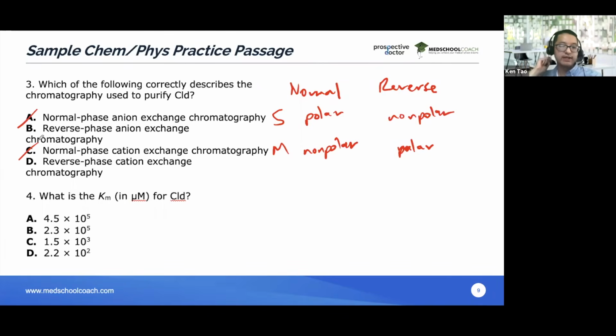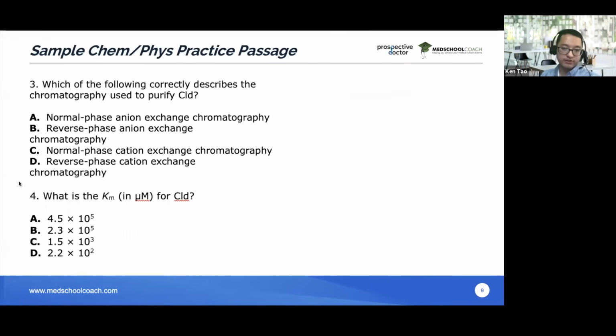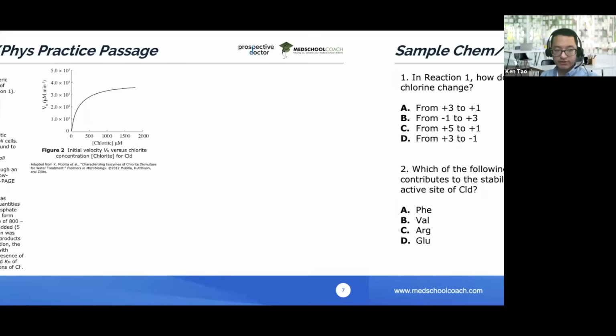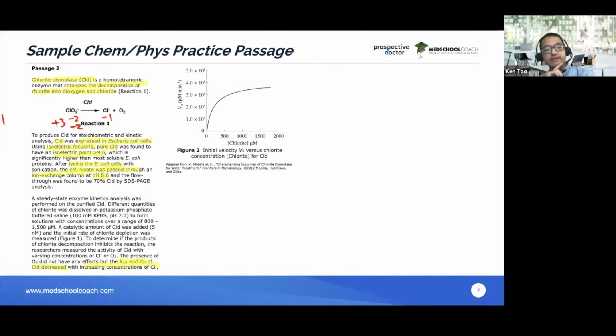So we're between B versus D, which is anion exchange versus cation exchange chromatography. To distinguish between these two, we need to know a little bit more about how the separation worked. What they tell us is that the cell lysate was passed through an ion exchange column at a pH of 8.6, and the flow through was found to be 70% chloride dismutase.